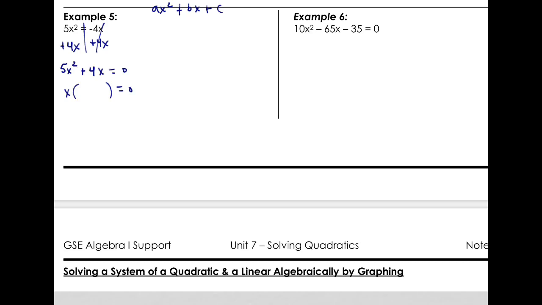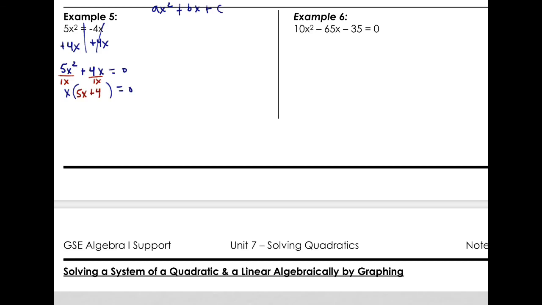Divide by your GCF to figure out what goes in the parentheses. So you have a 5 divided by a, remember there's always an invisible 1 there, by a 1, that is a 5. When you're dividing exponents, that's a 2. There's an invisible 1 there for the exponent, so 2 minus 1, that leaves a 1, so you have x. 4 divided by 1 is 4, a positive 4.